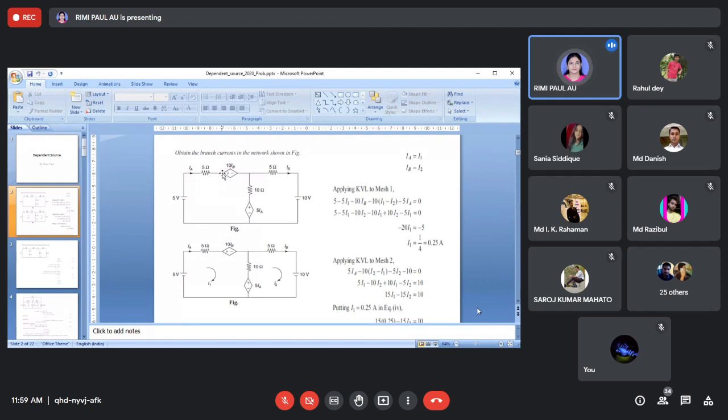So this source is a voltage source, and the magnitude 10 is multiplied with the current. So this is a current dependent voltage source. Don't treat it as a current source. It is a voltage source, but it depends on the current of this branch, IB. And this is another dependent source, but this source depends on the branch current IA.